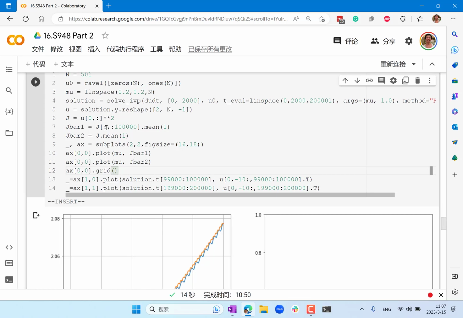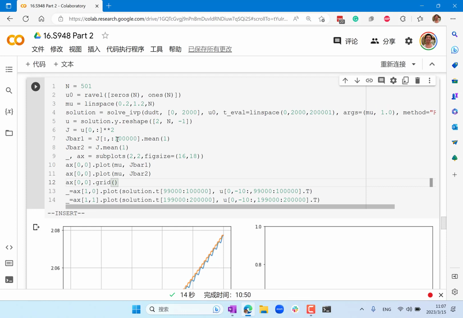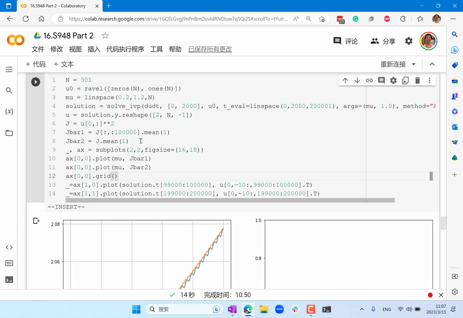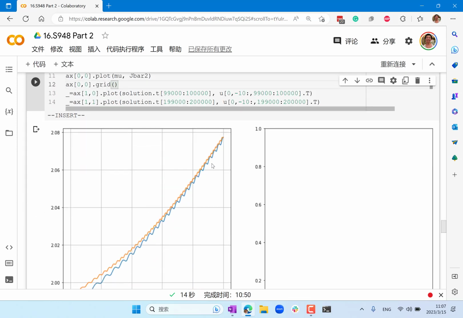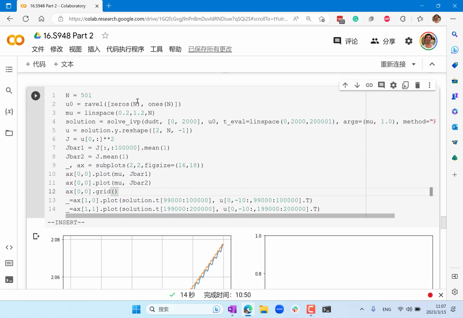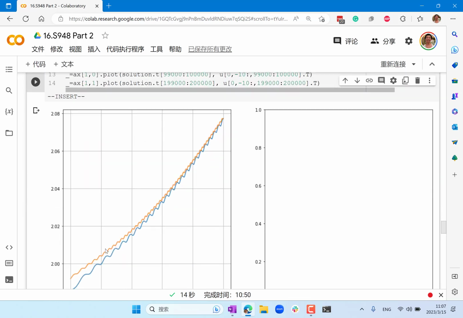J bar 1 is the average over the first 100,000 time steps, which, since we have a delta t of 0.1, corresponds to the first 1,000 time units. We get the blue plot. And if we average over the whole trajectory, which has 2,000 time units, we get the orange trajectory, right?